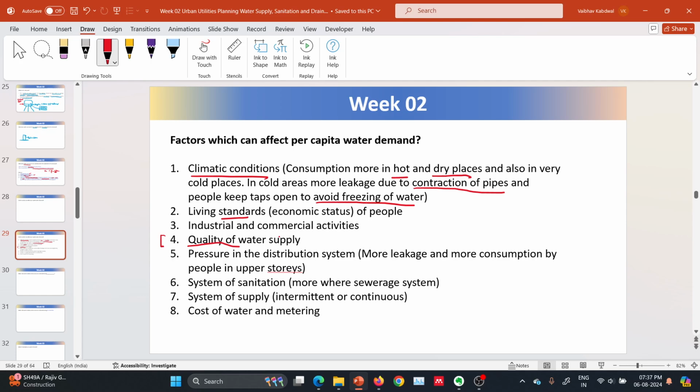So if quality decreases, people will go for another source. Then pressure in the distribution system. With more pressure there is more leakage, and more consumption by the people in upper stories. So if the pressure is fine, understand it like this.